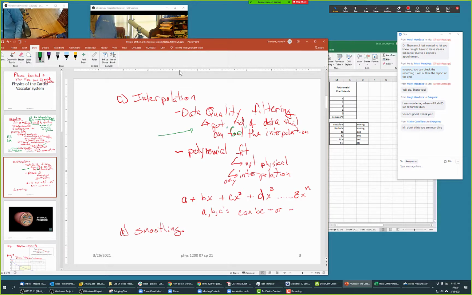So our interpolation, instead of using y equals mx plus b, is going to use what's called a polynomial. We're going to do a polynomial fit.